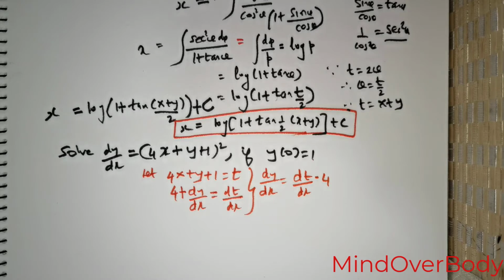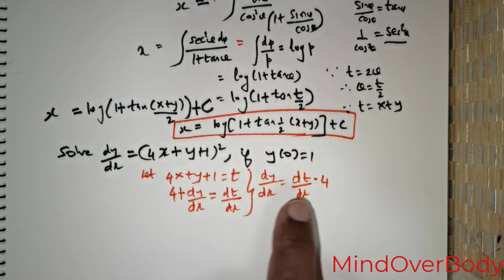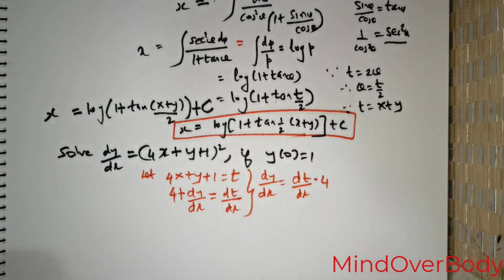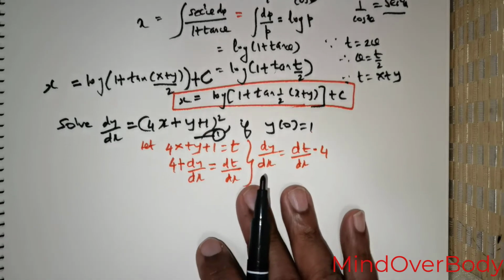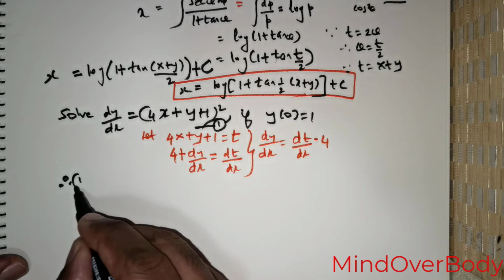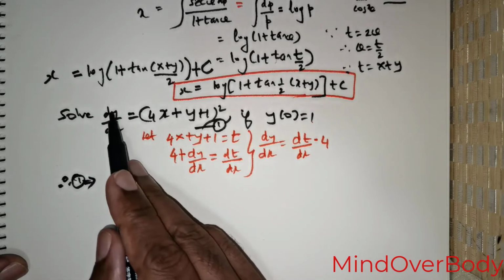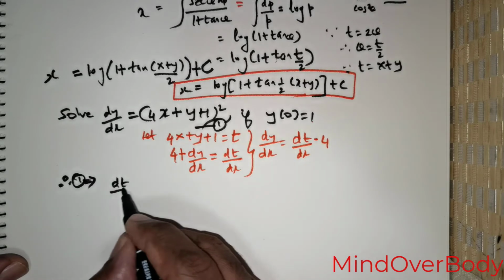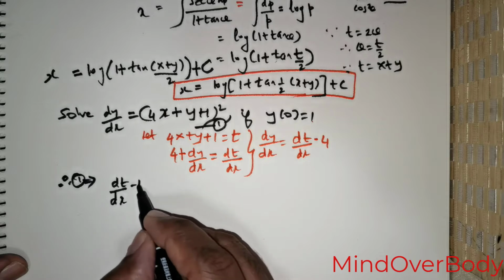So now I can substitute this in place of this. Let me take that as 1. Then I can rewrite 1 as, in place of dy over dx, dt over dx negative 4.